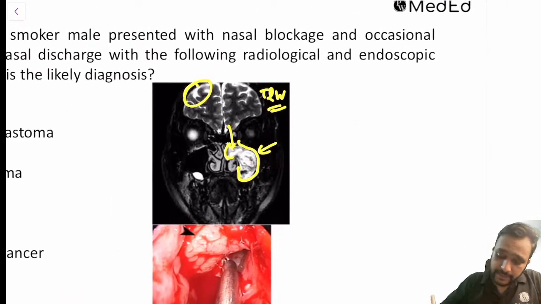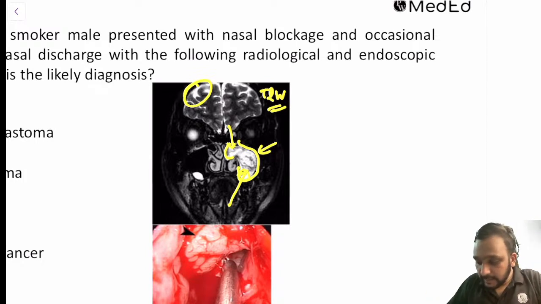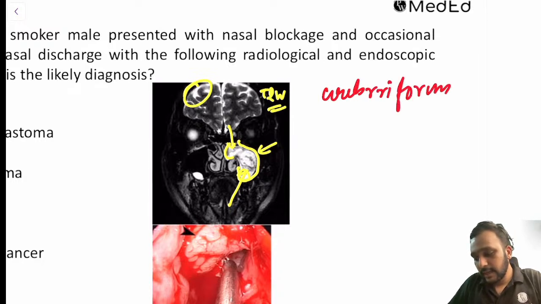And within these hyperintense contents, we can also see hypointense bands, and these hypointense bands are giving the cerebriform pattern.